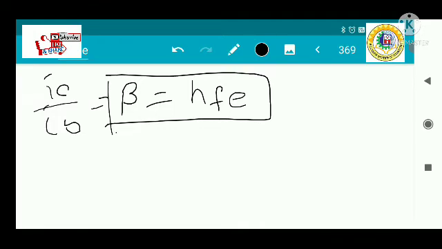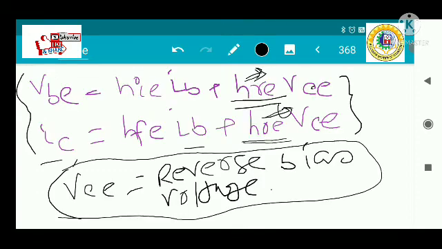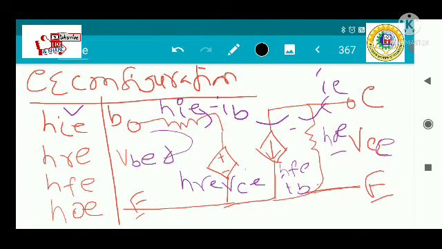Now if we ignore the early effect, the model is similar to your T model that you will see in a moment.